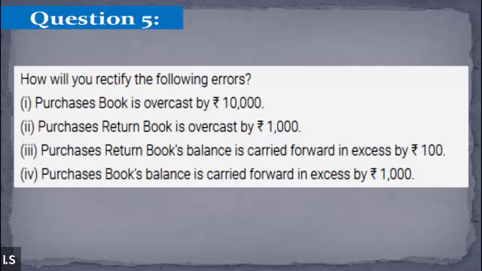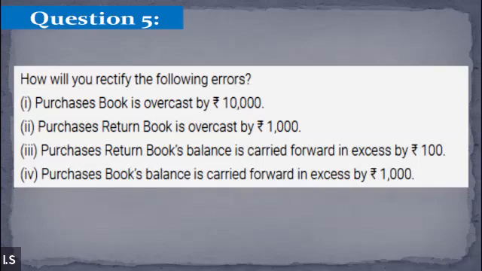When the balance is being transferred to the account of the next year, the balance of the purchase return book has been carried forward in excess by rupees 100. Since the purchase return book has a credit balance, what should have been credited, we have credited in excess of 100 rupees.